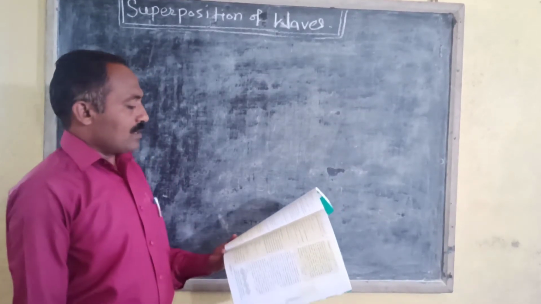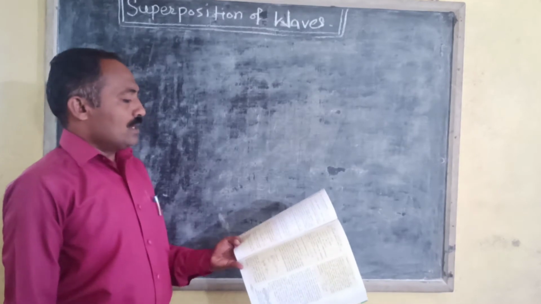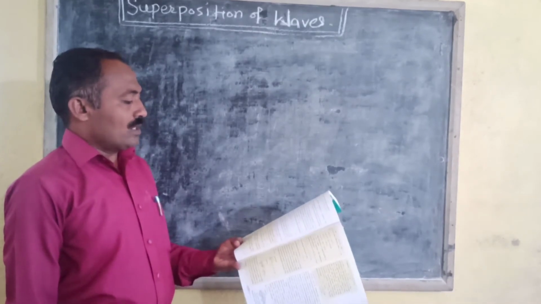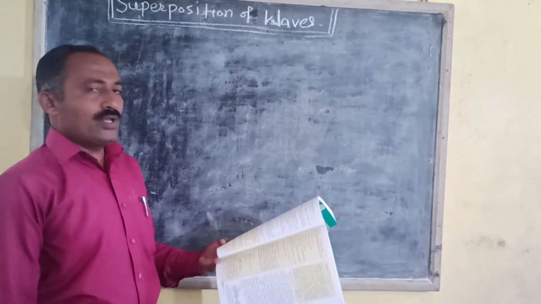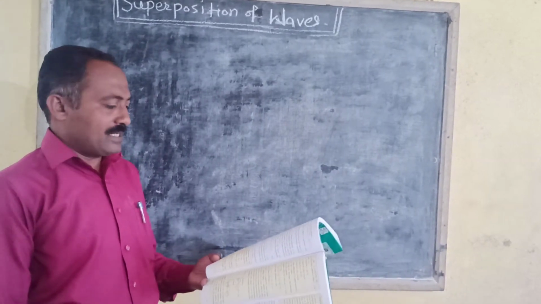The displacements of two sinusoidal waves propagating through a string are given by the following equations.